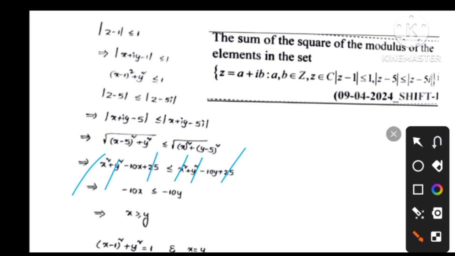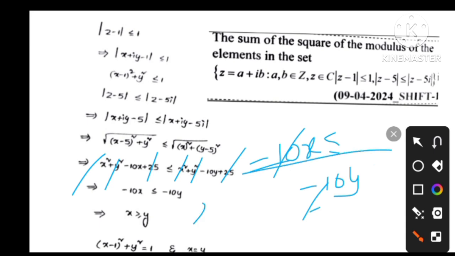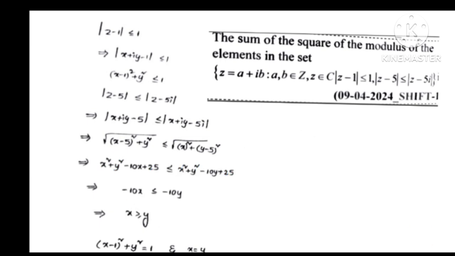Now write the remaining values, that is minus 10x is less than or equal to minus 10y. Okay, now cut the 10 also. Now minus x less than or equal to minus y. Apply the minus, then less than or equal to becomes greater than or equal to, x greater than or equal to y. Okay, this is the simplification of the second condition.